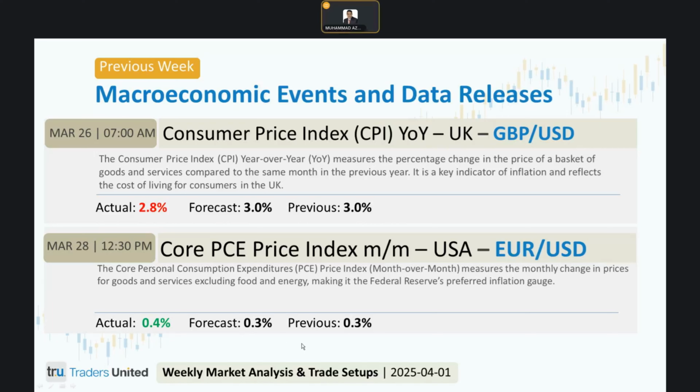So the conclusion is that despite the higher than expected core PCE inflation, Euro USD moved up likely due to shifts in Fed expectations and broader market trends favoring the euro. This suggests that traders believe the Fed may still adopt a dovish approach in the coming months, keeping the US dollar under pressure.